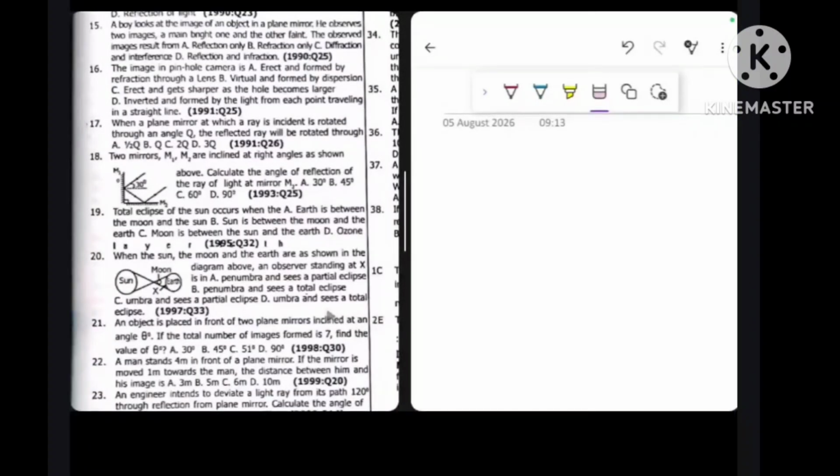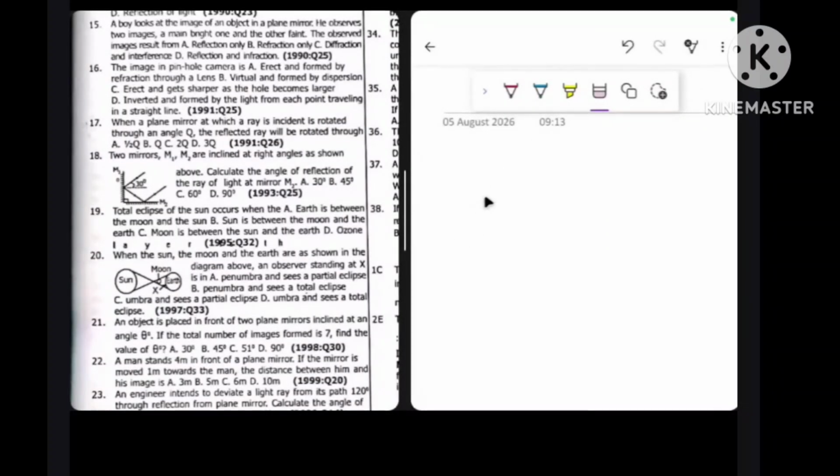So the umbra is total eclipse. So the penumbra is partial, right? All right, that's good.